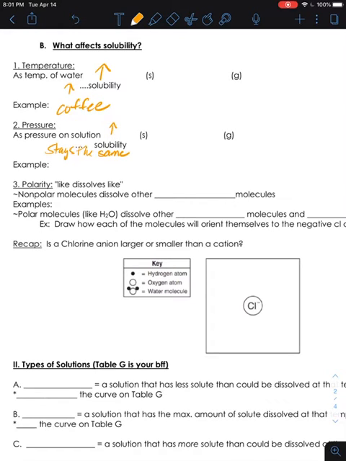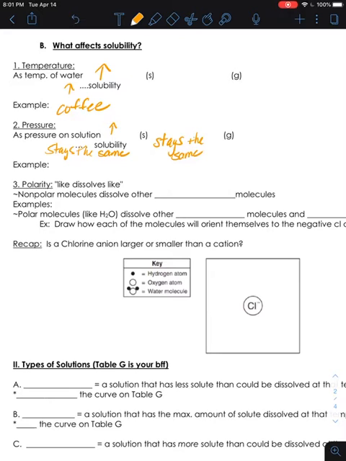But think about that. What are some of the things that we put under pressure? Do we put solids under pressure? No. Because in the example of solids, those stay the same.